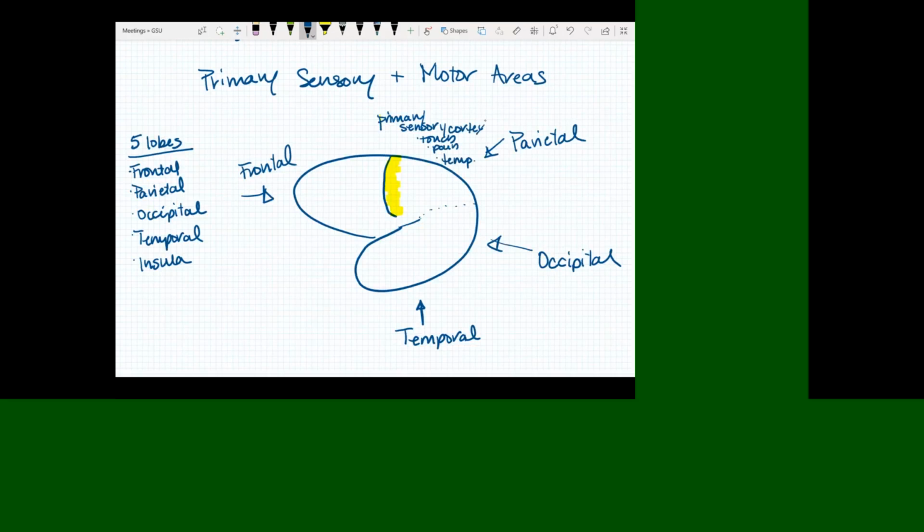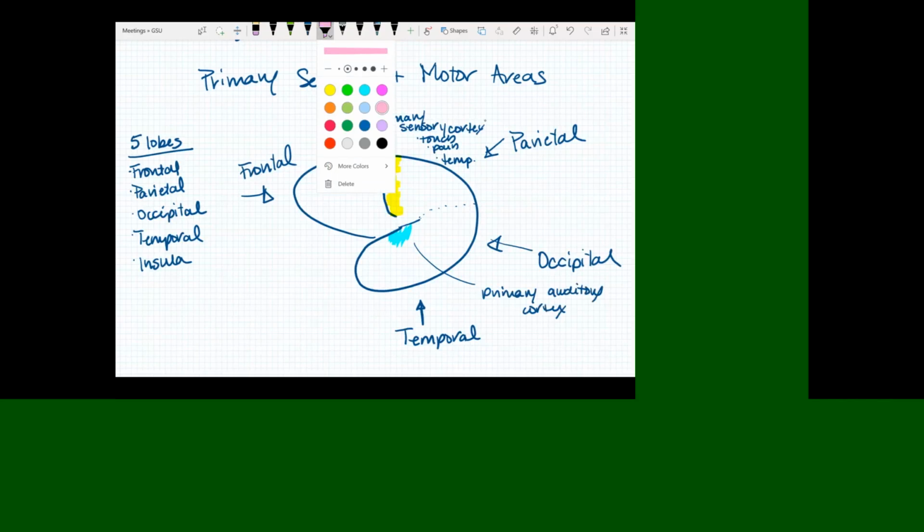You also are going to have an area in your temporal lobe that is around here, and that is going to be your primary auditory cortex. This is where you're going to be processing the sense of sound primarily.